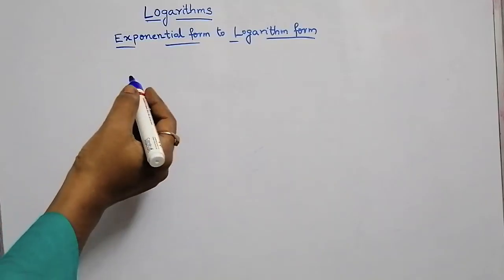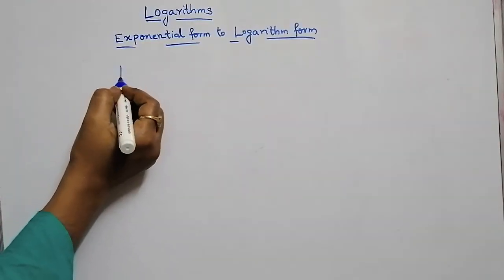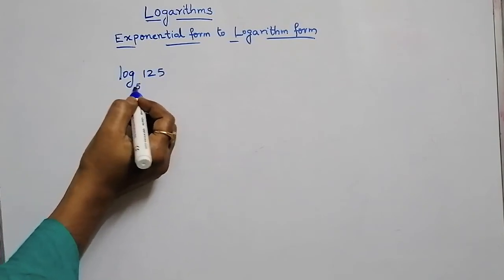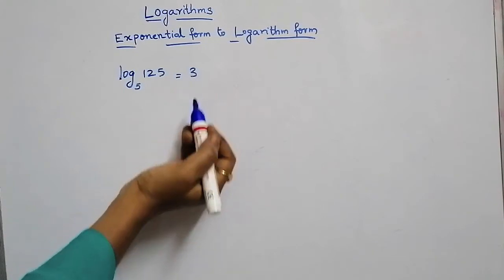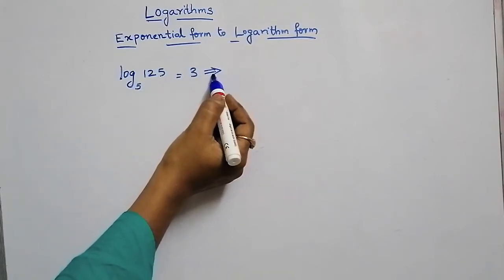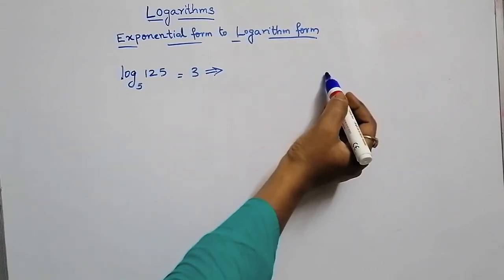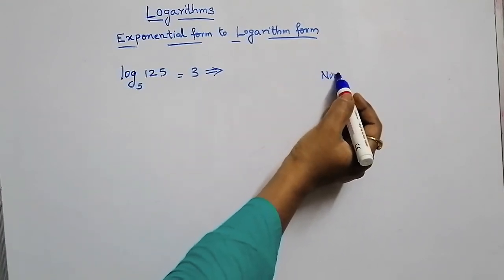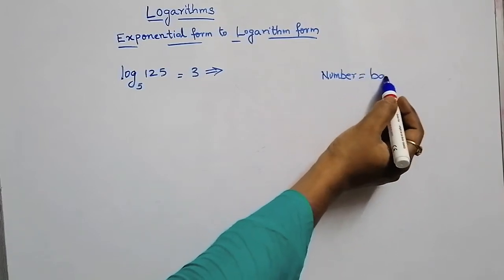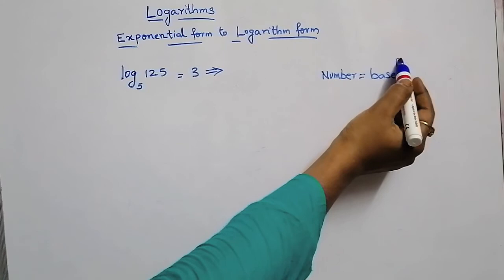Let us take one example. Log 125 to the base 5 is equal to 3. This is our logarithmic form. What is our exponential form here? The formula is number is equal to base to the power.